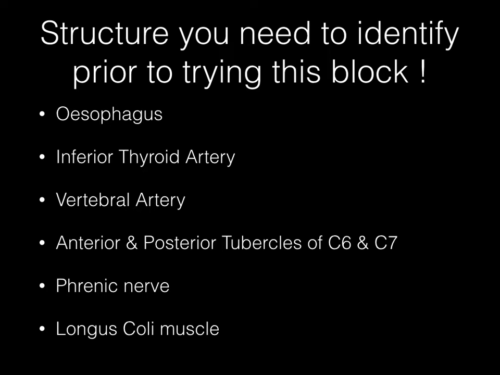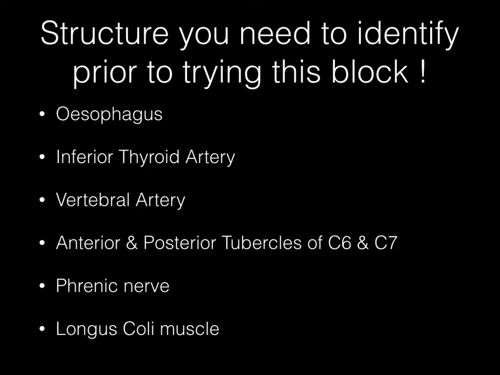At C7, that's how you identify the place to inject your drug. We'll be doing this block between C6 and C7, thinking that it will trickle down below C7. So it is a very important step to identify the anterior and posterior tubercles of both vertebral levels.